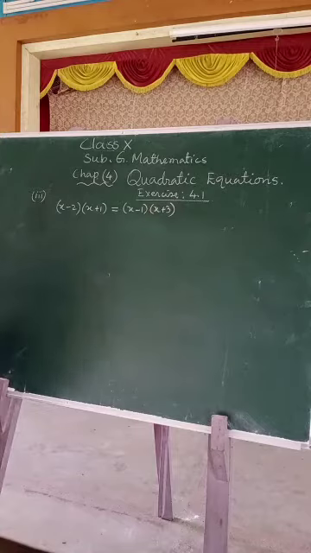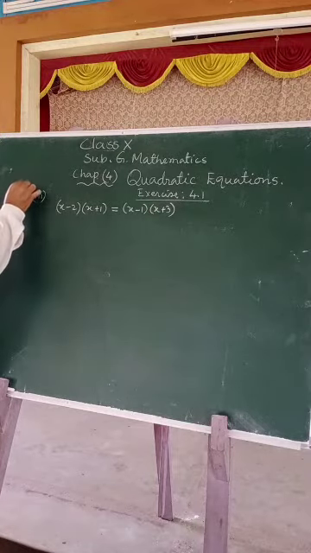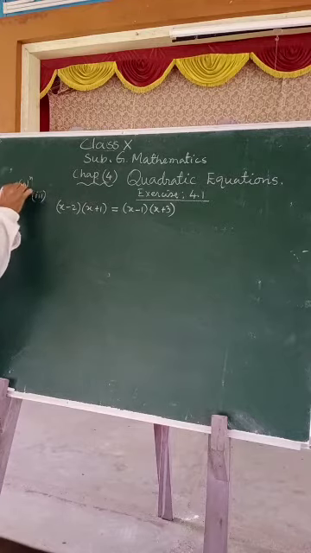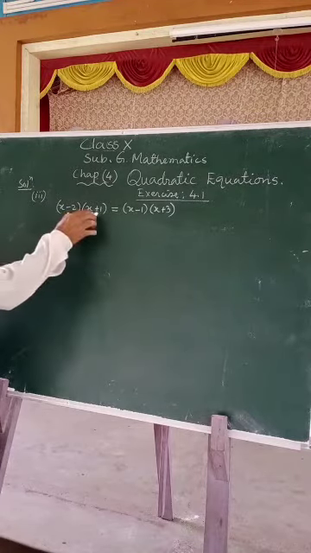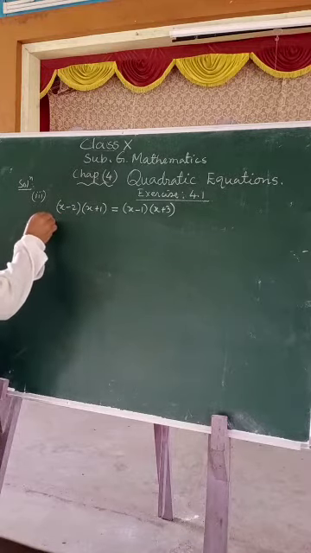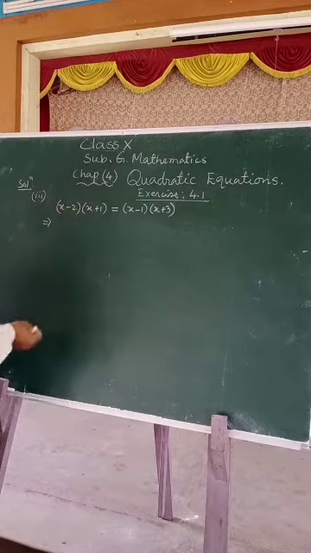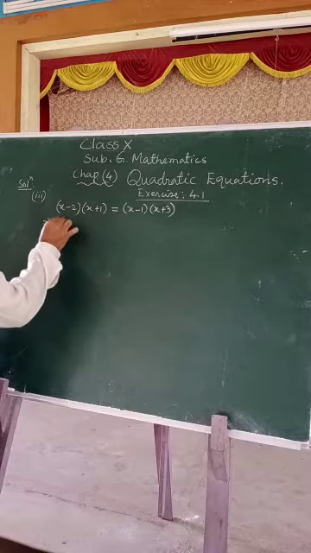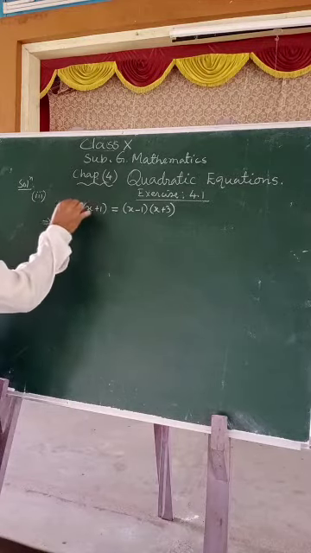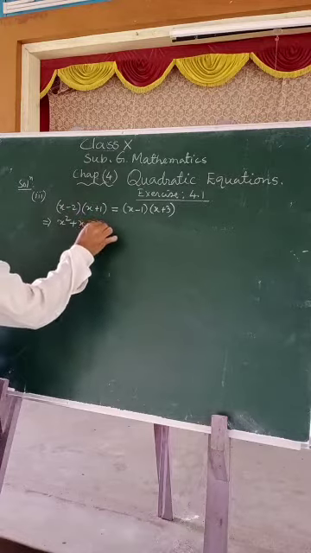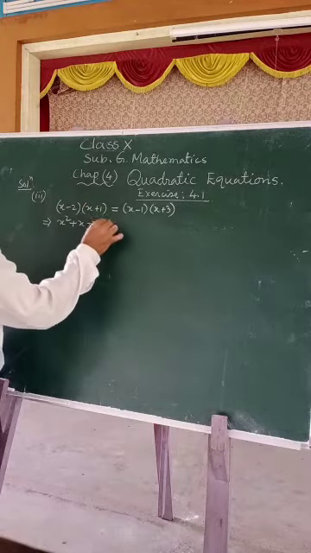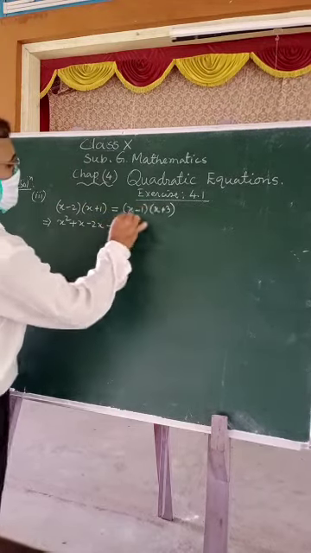So, first of all, solution. We multiply the two terms. x minus 2 into x plus 1: x into x is x square, plus x, then minus 2x, minus 2.